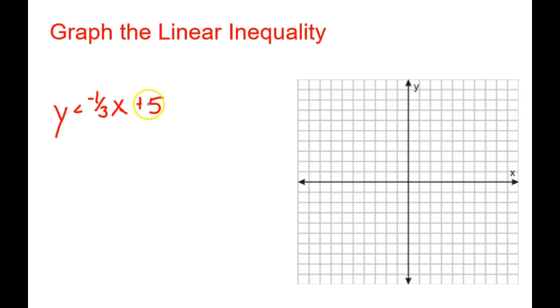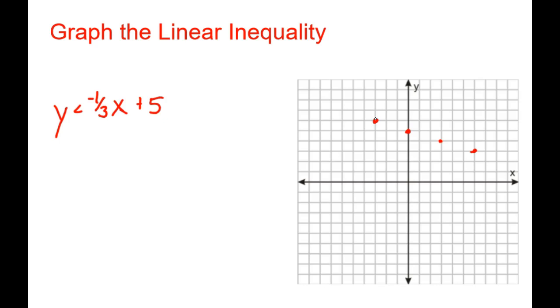So first I'm going to plot the y-intercept of 5. Now I'm going to use my slope, rise over run, down 1/3. So I go down 1, right 3, which would be the same as up 1, left 3 as well. So I plot some points on the coordinate plane.